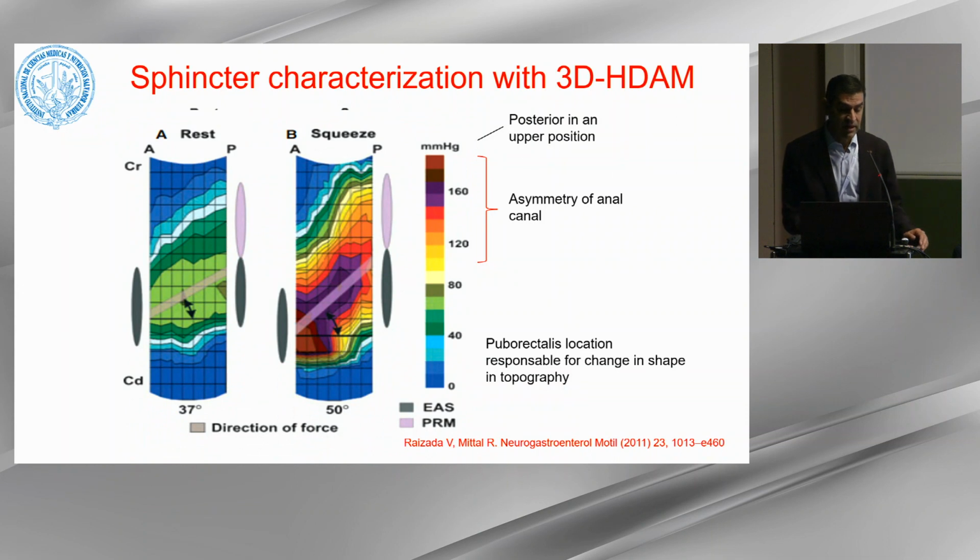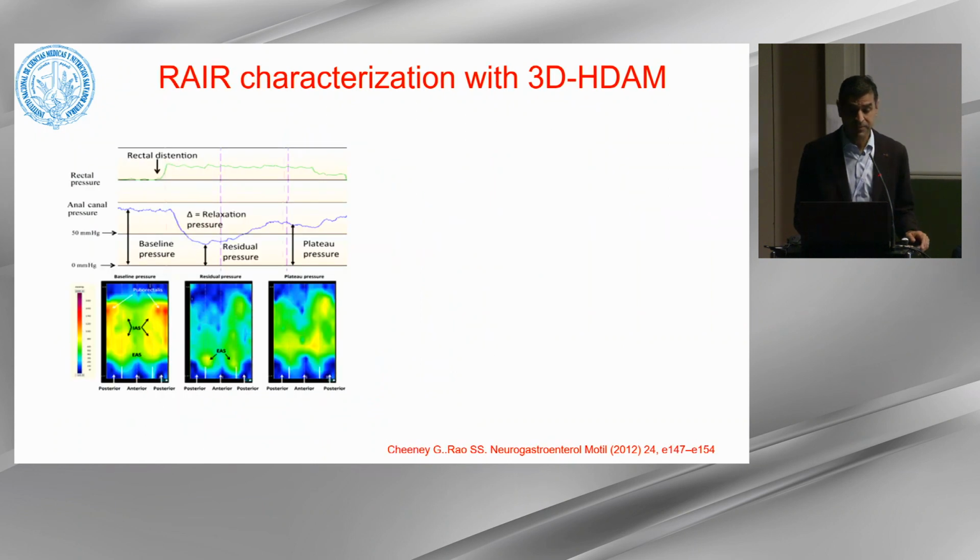This is better understood with this three-dimensional plot. The forces, once the subject is doing a squeeze, are going up and back. That is the reason the anal canal changes position during this maneuver.